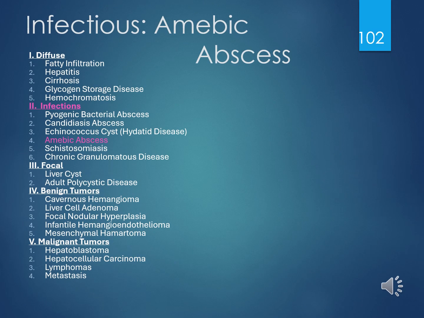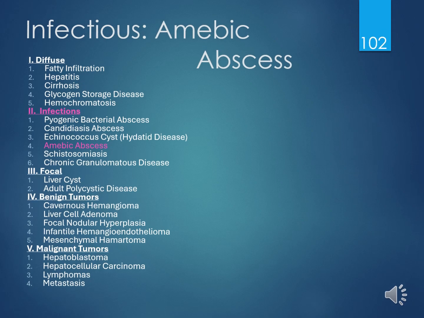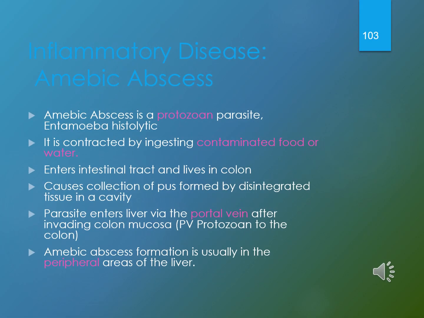Moving on to the next infectious disease, amoebic abscess. Our next inflammatory disease is amoebic abscess. So an amoeba is a type of protozoa. So it's a parasite. Amoeba live in warm, fresh water, such as lakes and rivers.